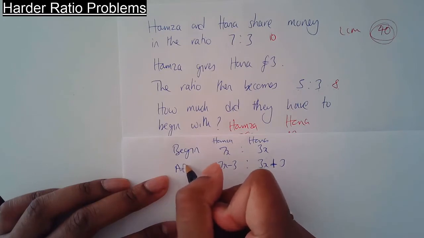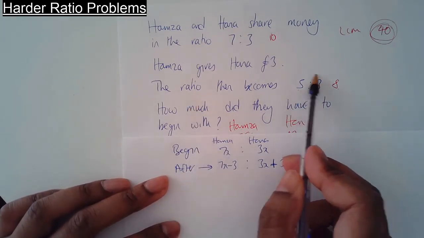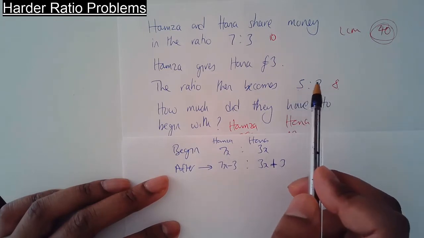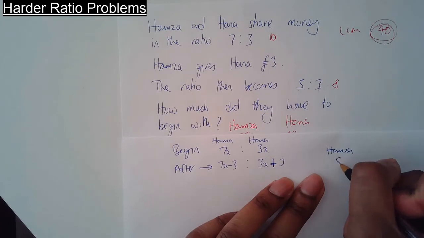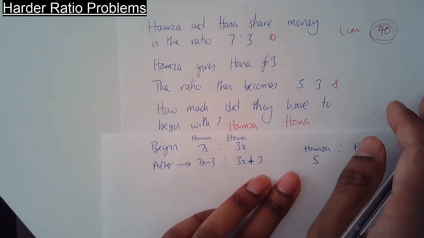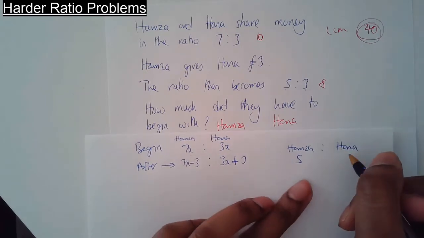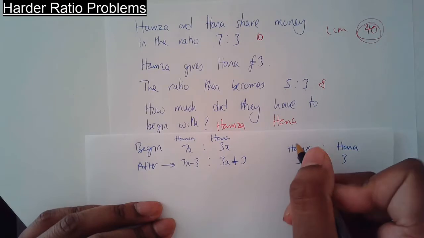So this is afterwards now. But we know afterwards can also be represented as 5 and 3. So this is also afterwards.